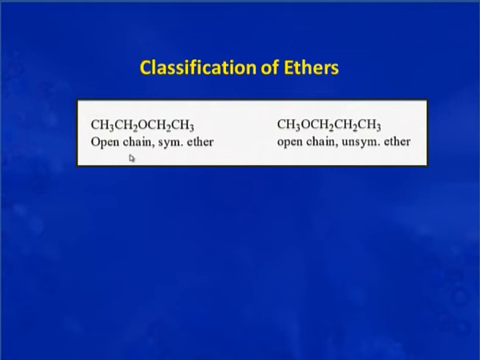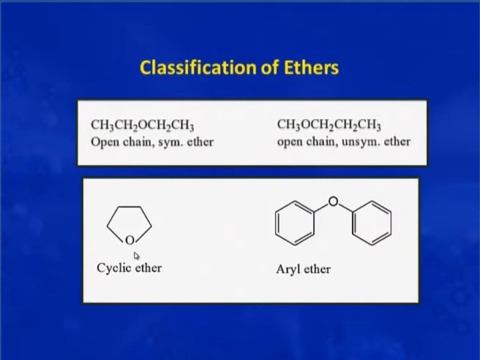This is an open chain ether as well as a symmetrical ether. This ether is methoxypropane. This is an open chain ether, but at the same time an unsymmetrical ether. Here, this is tetrahydrofuran. This is a cyclic ether, and this diphenyl ether is an example of an aryl ether.